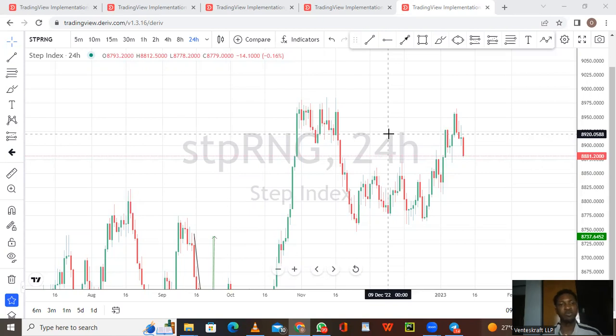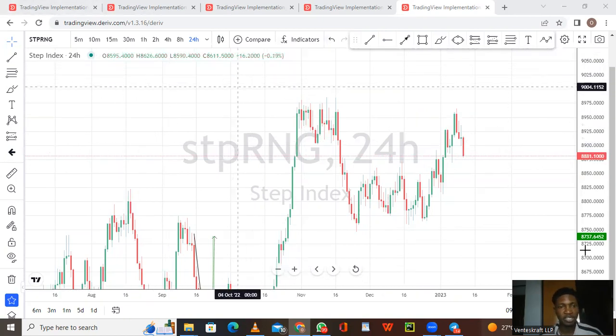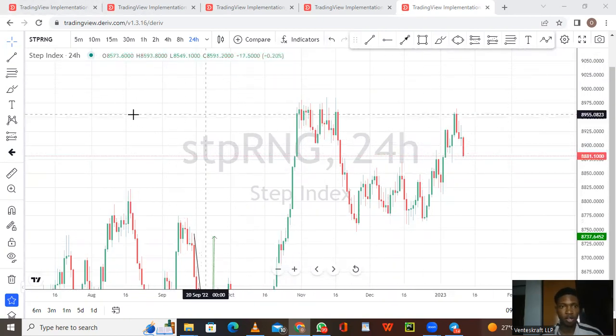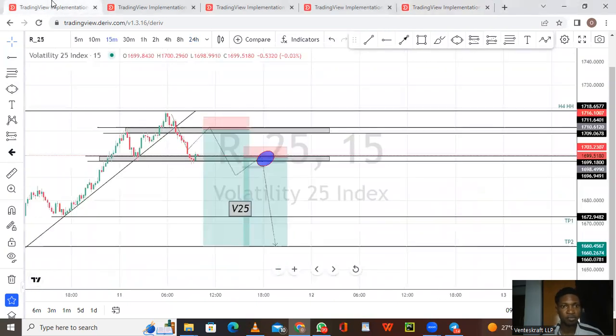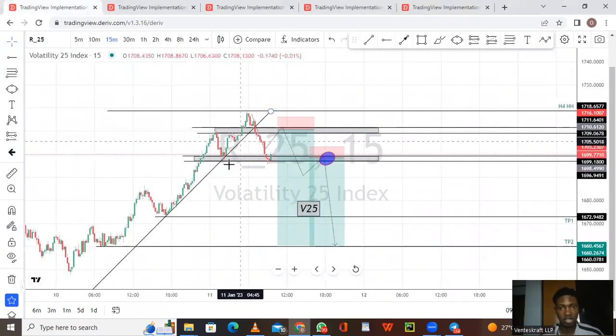So without wasting much of our time, this is step index. Although I have other analysis which I've done for the day. I have the likes of the volatility 25 index, this is my expectational bias on it.